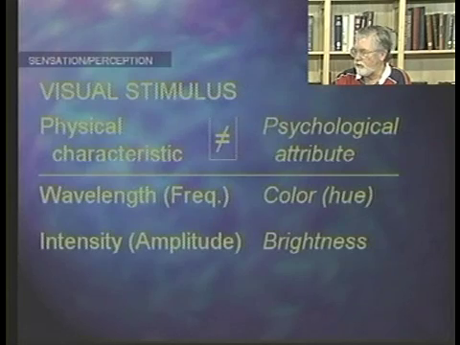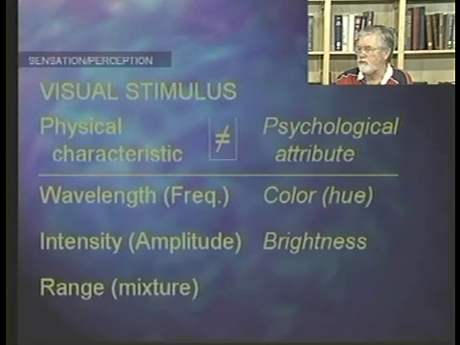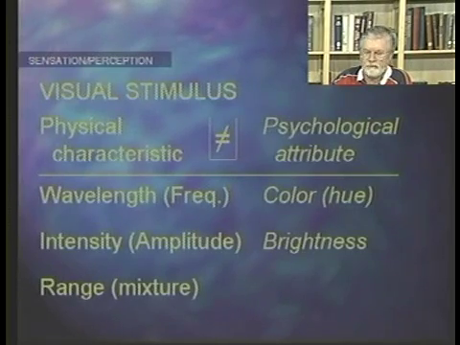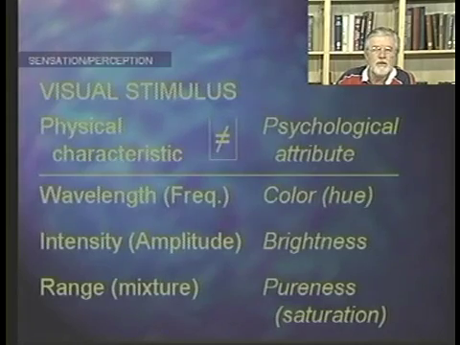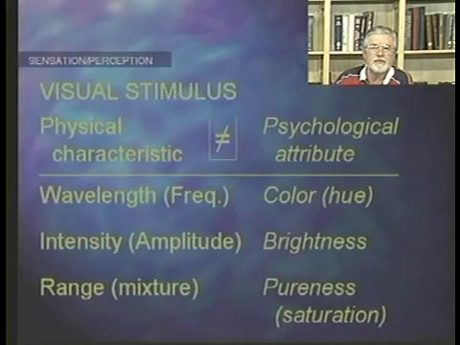Okay? And the third element is the most confusing of the three, and that is what's called the range or mixture of the light. I'll show you what I mean by this in a little bit, but in essence what it does is to impact the pureness, or what is also referred to sometimes as the saturation level of the light itself.